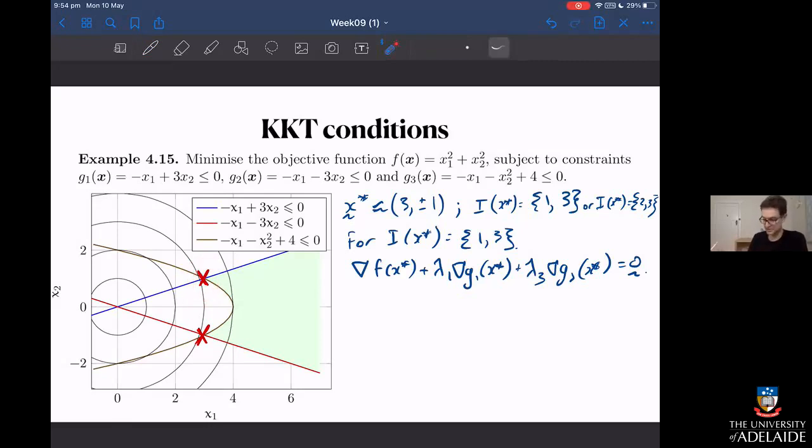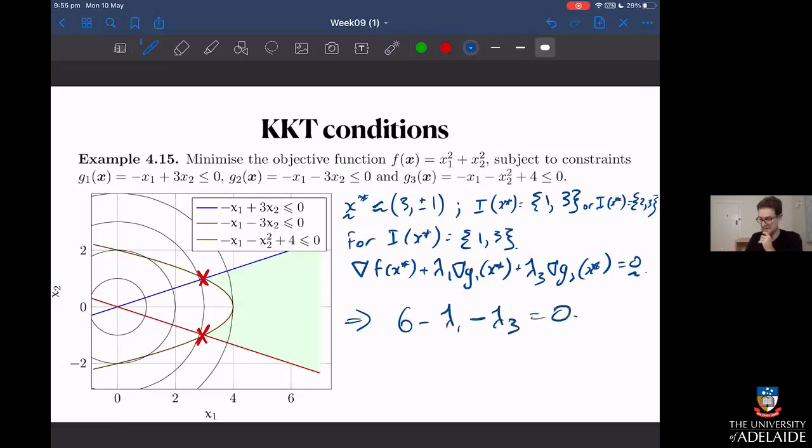So we've got an expression that involves x1 and x2 and lambda 1 and lambda 3 here. Let's assume that we know that x equals 3, 1, right? And so if you find these gradients and differentiate with respect to x1 and x2 and plug everything in, this leads to a couple of equations.